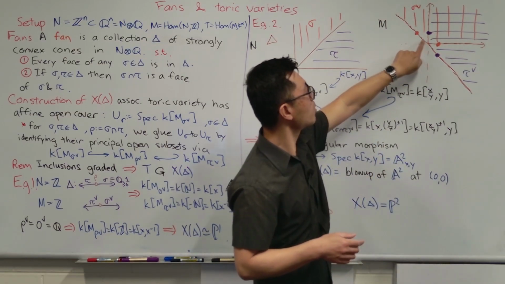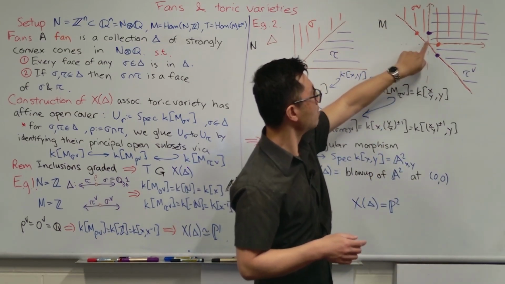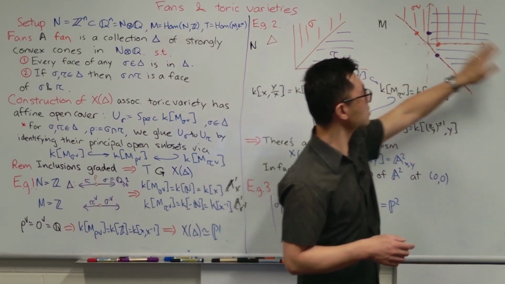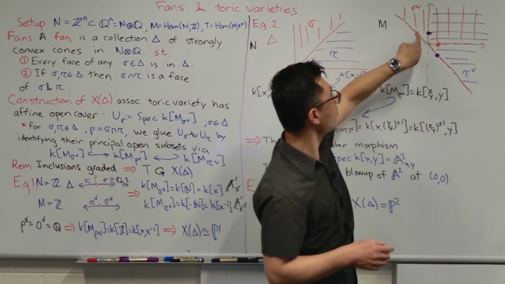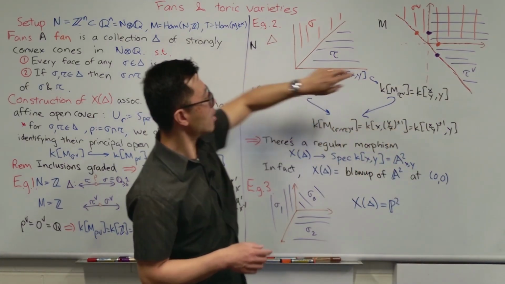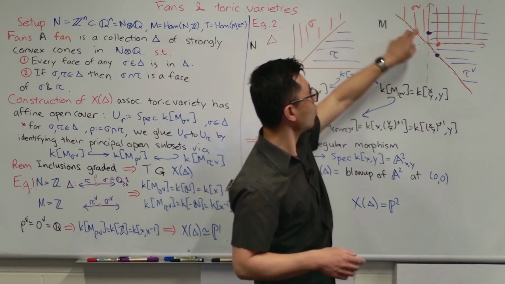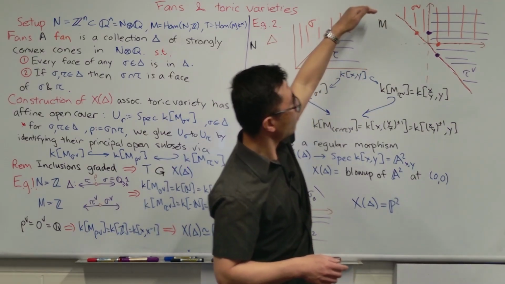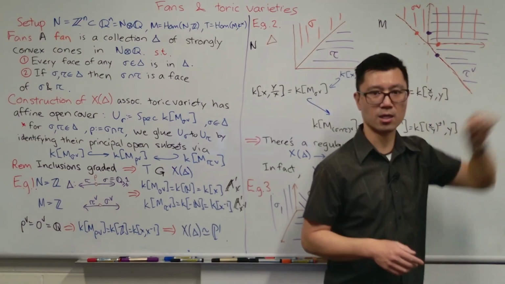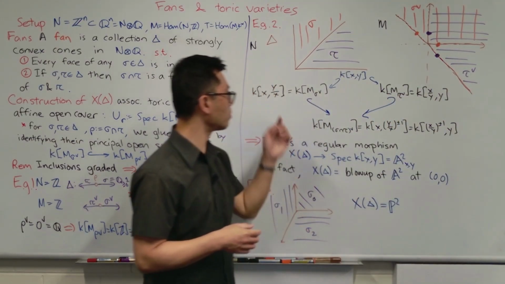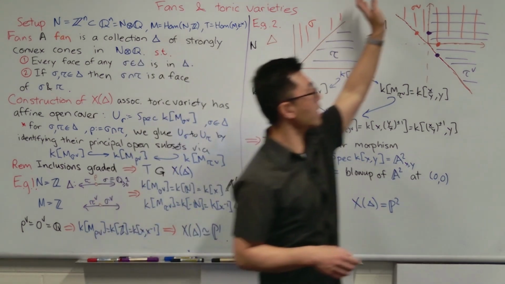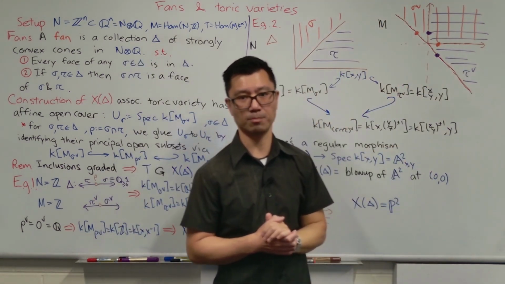Certainly you get the lattice points on this line, so this will include (-1, 1), which if you want to write this as powers of x and powers of y, you've got a positive power of y and a single negative power of x, so that's y/x. And you can look at all the powers of y/x, and that will get you all the lattice points on this line. And then for this orange region, you can take any of those points on the line and slide it across to the right as you like. That means you can multiply them by any power of x. And in that way, you can get all the lattice points in that orange shaded region, okay?